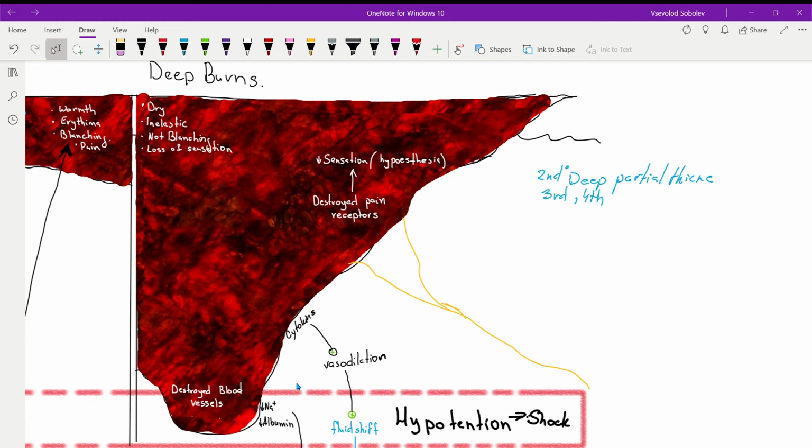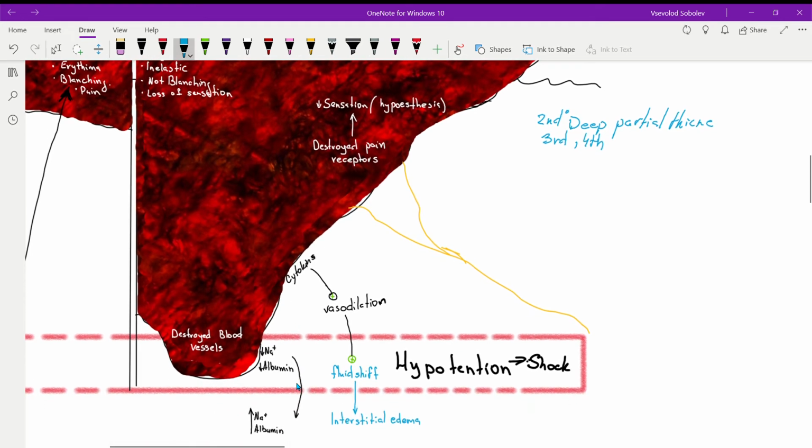So the burn penetrated all the way down to, let's say, hypodermis, and it damaged the blood vessels really bad and damaged the nerves. So again, cytokines will be stimulated, and they will stimulate vasodilation, and fluid shift will occur.